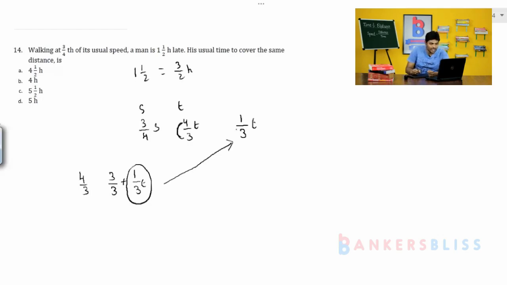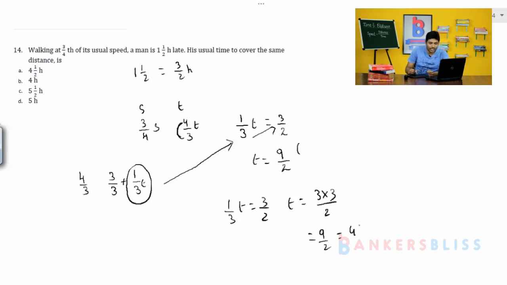So, 1/3 t is equal to 3/2. Therefore, time is equal to 3 into 3/2, which is 9/2, which is 4.5 hours.